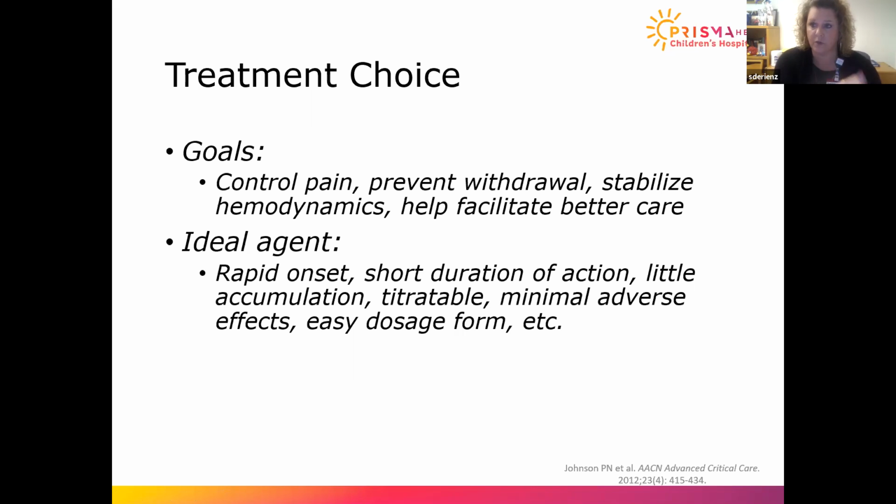If we're dealing with someone who's just coming in for a procedure or a surgical procedure, that pain's going to be managed and assessed differently than someone who's coming in with more chronic pain, like a sickle cell patient. And so you need to look at what your goals are. You want to control that pain. You want to try to prevent withdrawal. You want to stabilize their hemodynamics, and then also just help in general facilitate better care.